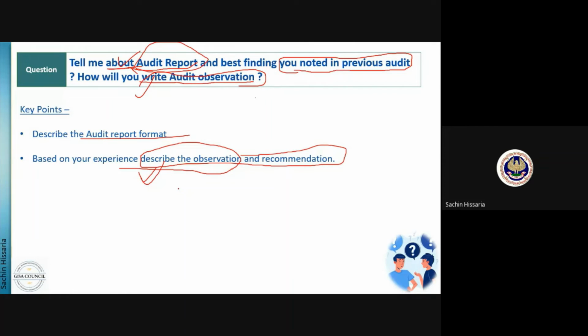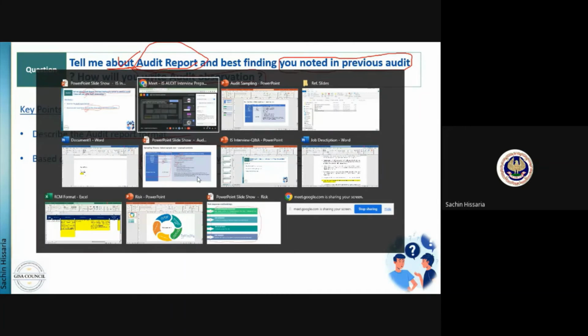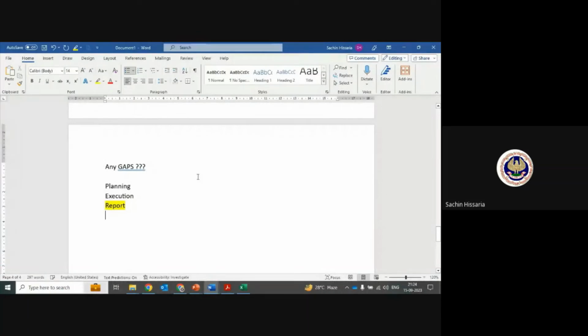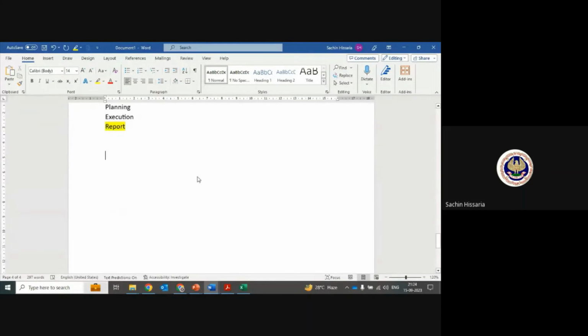So the audit report format we have already discussed, and this will depend on your previous experience. I can share my experience, guys. While doing one of the audits, we identified instances of password sharing. This was a very interesting observation. Generally, it is very difficult to identify instances of password sharing. It is a practice some employees follow to get their work done.